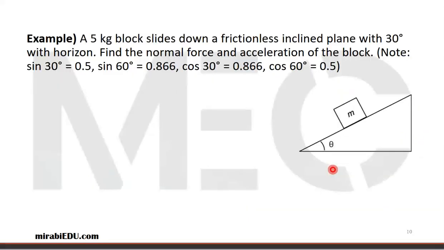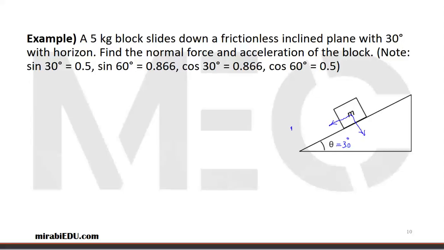Let's do one practice problem here. A 5 kilogram block slides down a frictionless inclined plane at 30 degrees with the horizon. So theta is given to be 30 degrees. So we know that this is mg sine of theta, which should be parallel to the plane, and this is perpendicular to the surface, mg cosine of theta.